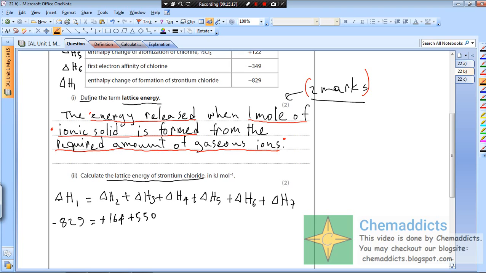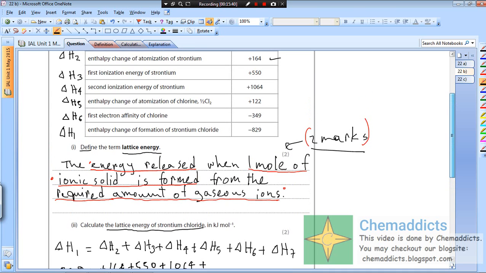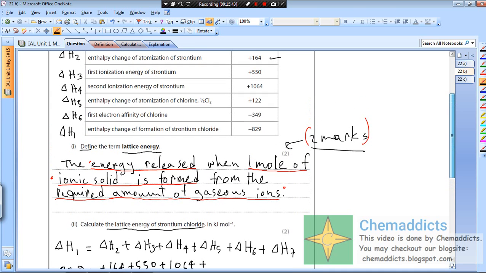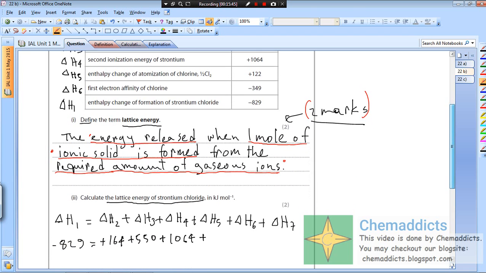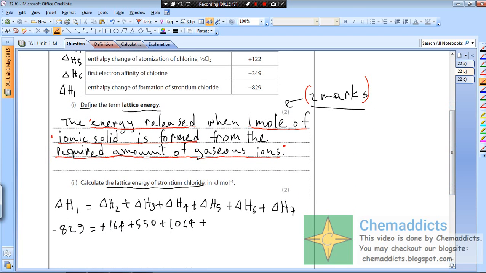Then second ionization of strontium is plus 1064. Then the enthalpy change of fluorine would be plus 122. So this should be 2 multiplied by 122.